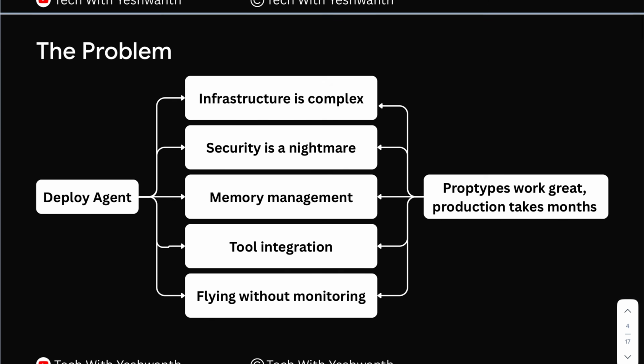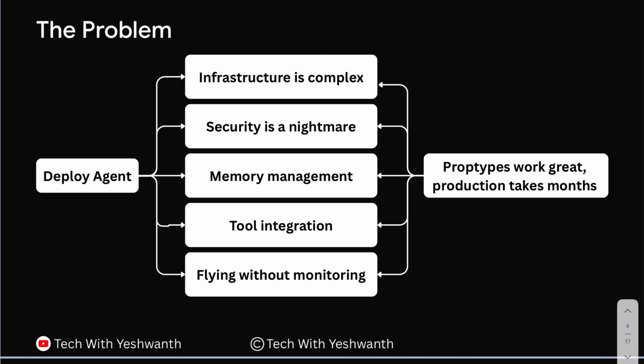Now, this sounds amazing, but there is a problem with this. Building this in production is a nightmare because you will have to take care of the infrastructure. Managing the infrastructure is complex. Security is a nightmare because we are dealing with customer data, and any data that is getting compromised is not good, right?